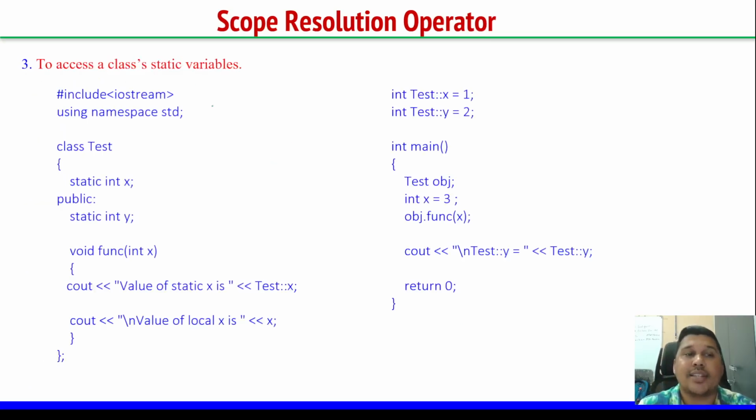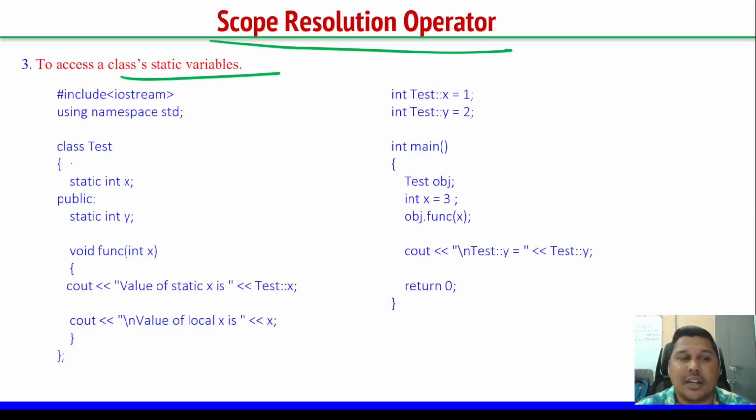Next, to access a class static variable. We are yet to study static variables, just give an attempt to understand this. Our next topic is about static variables, so we will come back to this and study how the scope resolution operator is used to access class static variables.